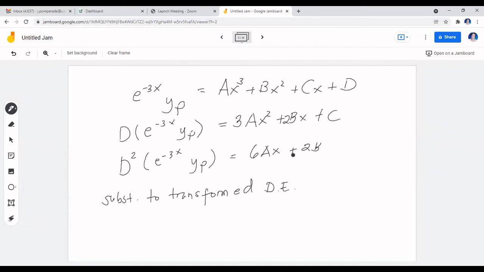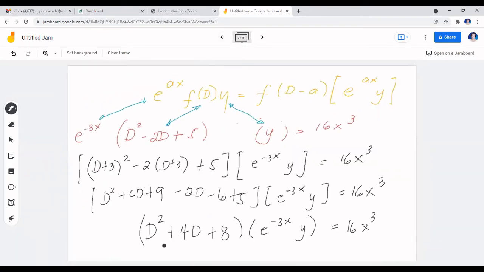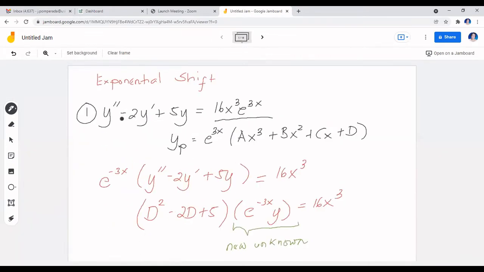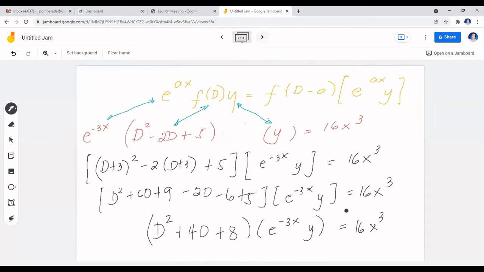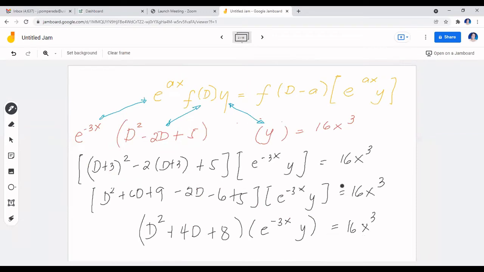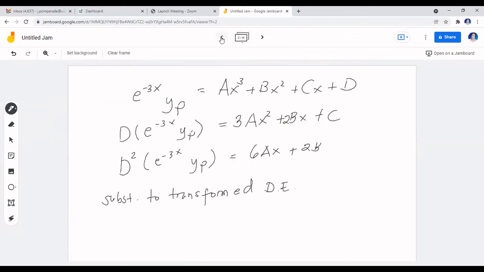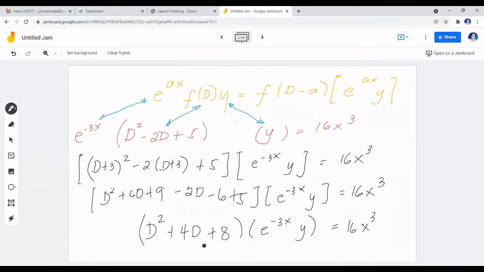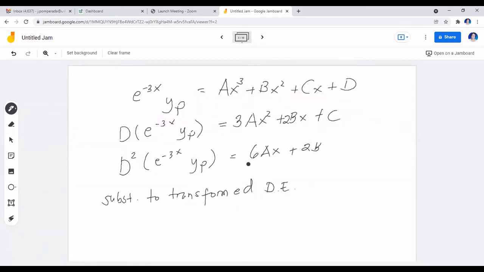Now, what will you do with the second derivative, the first derivative, and this form of the particular solution of the new unknown function? You go back here in your transformed DE and substitute it, not on the original given DE, but you will substitute on the transformed differential equation. So take note, here you have a 4D and an 8. So that would be done in here when we substitute these derivatives here.